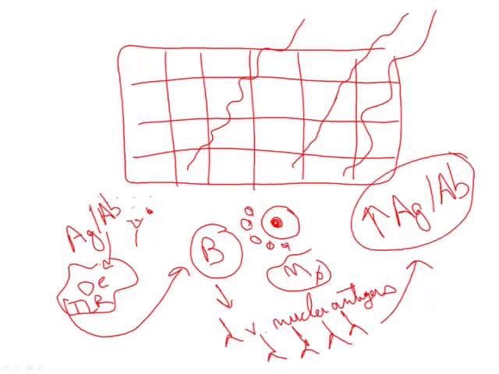These high levels of antigen-antibody complexes can enter into the blood and then deposit in multiple tissues. And as they deposit in multiple tissues, they can result in the activation of complement, which can then damage tissues. And so this is the current paradigm of how patients might develop lupus.